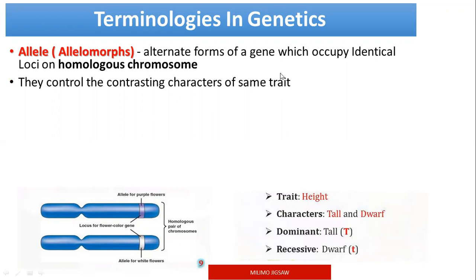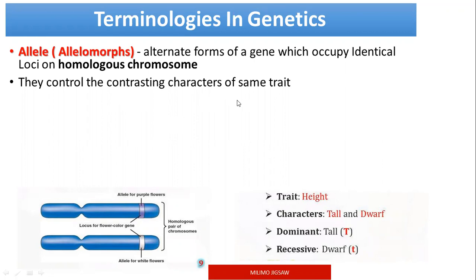So in the example of height, the character will either be tall or dwarf. Or we have an allele for purple flowers and an allele for white flowers. And these exist on identical loci on homologous chromosomes. So they control contrasting characters of the same trait.